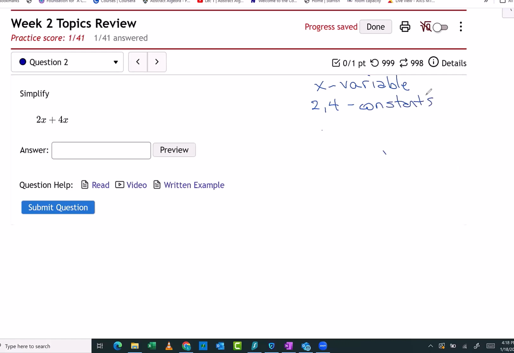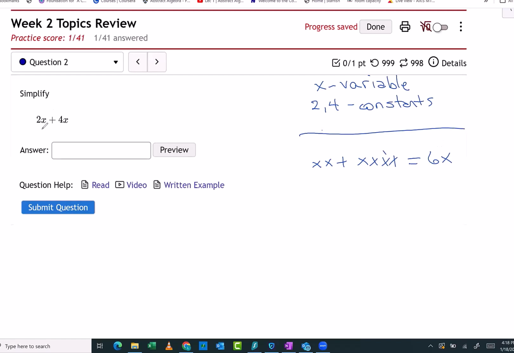When we add, imagine we have these x's. I have 2 x's, and I'm going to add 4 more x's. What do I have? I have 6 x's, which means that's the answer for this one.